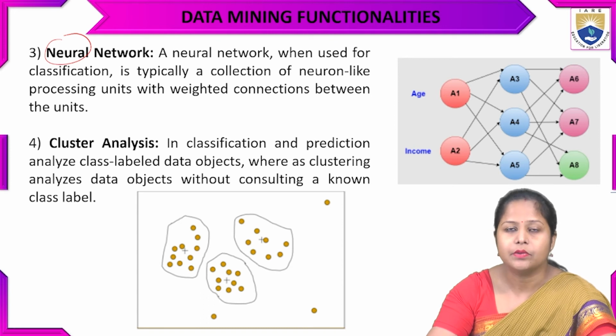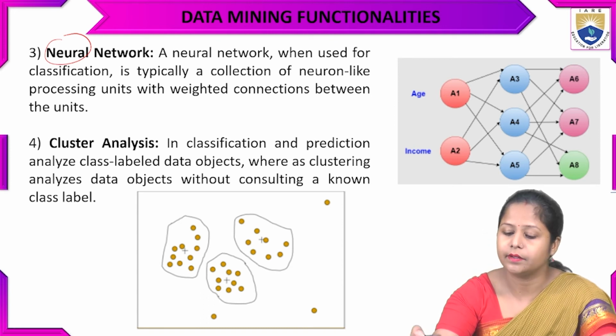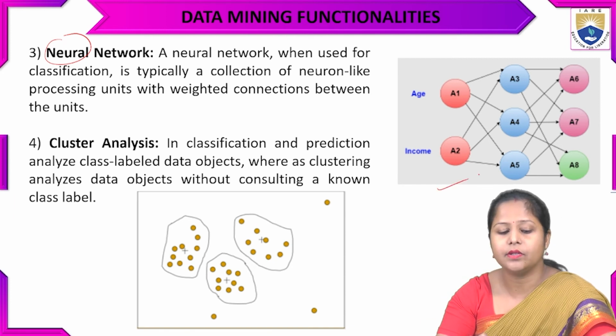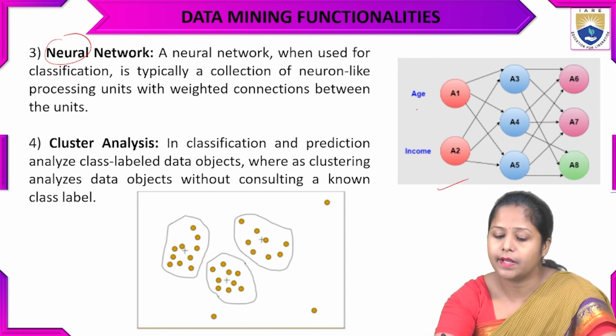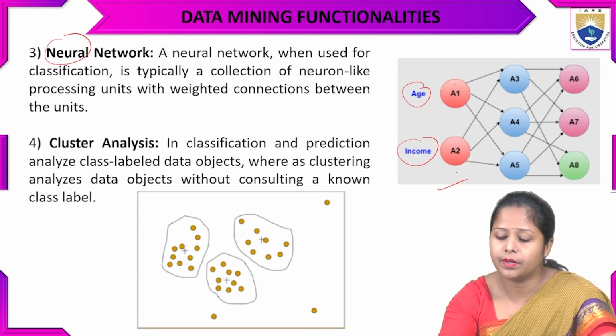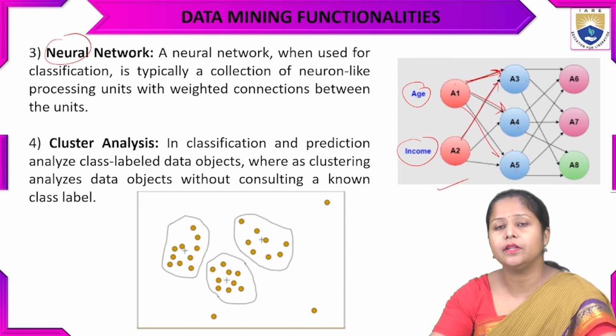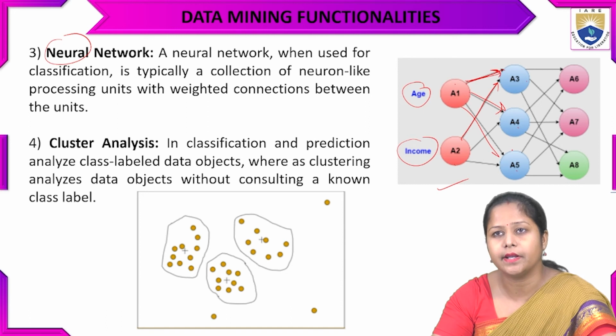So that is unique here. In this figure we can see a neural network that has age and income at the A1 node and A2 node, connected with A3, A4 and A5, all connected with some points. These are the weighted connections between the units.